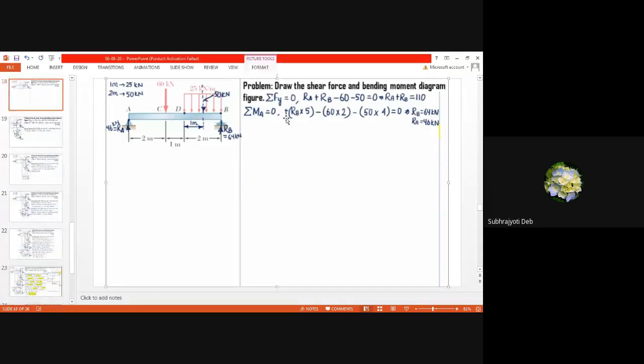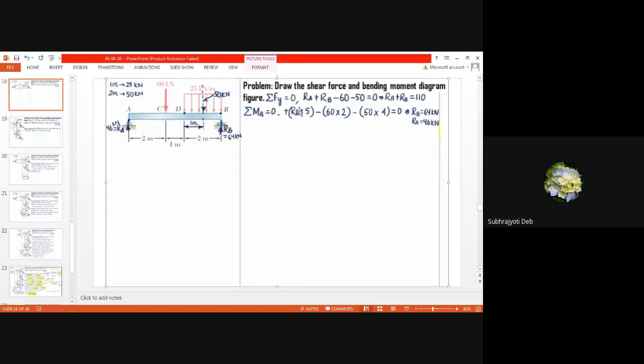RB is upward, hence positive, minus 60 into the distance, 2 meters, so 60 into 2, minus again this UDL, 50 into the distance, 2 meter plus 1 meter plus 1 meter. It is in the middle, that's why it is 4, not 5.